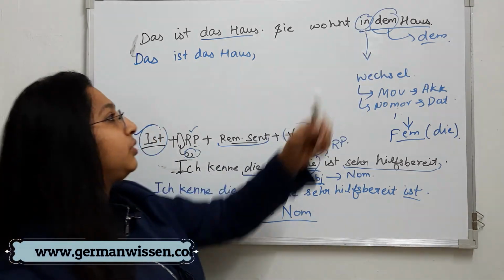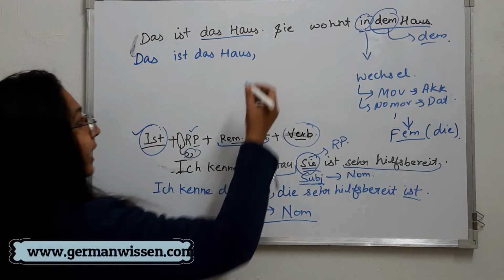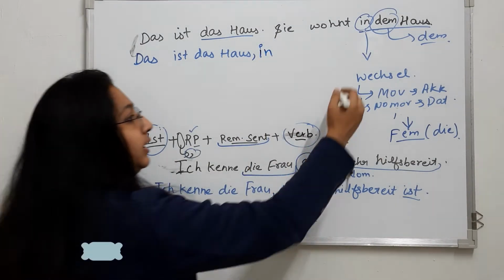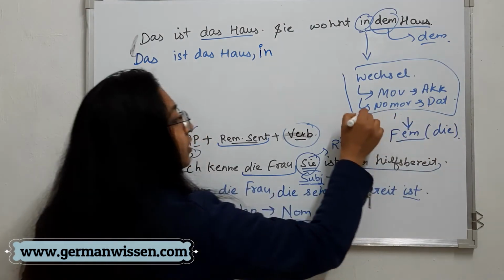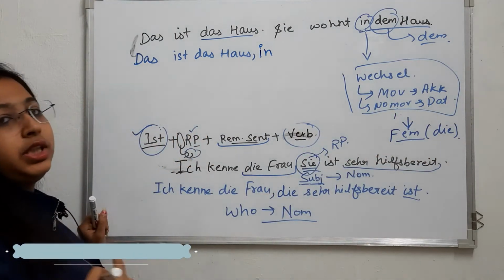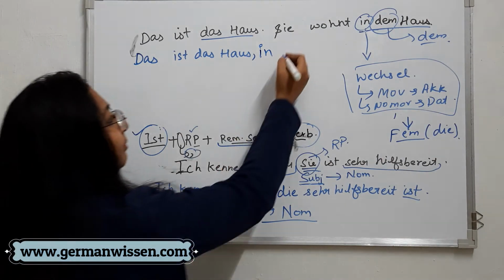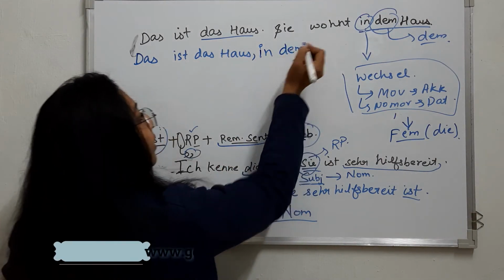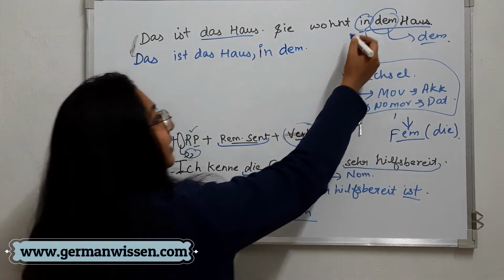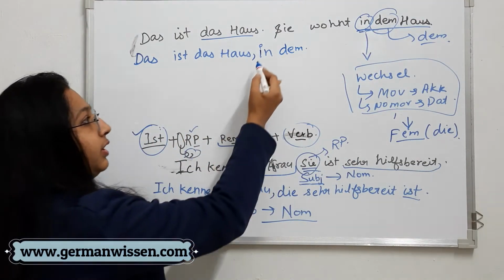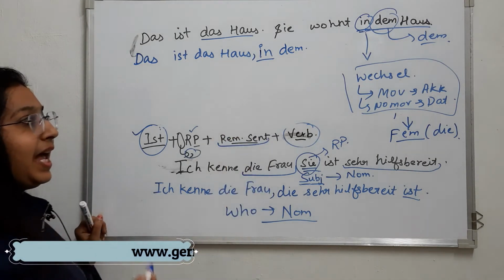So here the preposition is in, so we will write it directly as in, and as per this rule of Wechsel preposition, we have to choose the correct article, that will be dem.